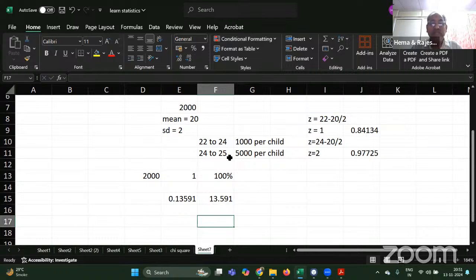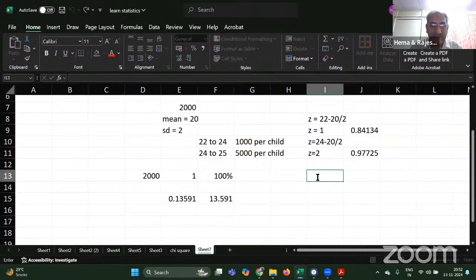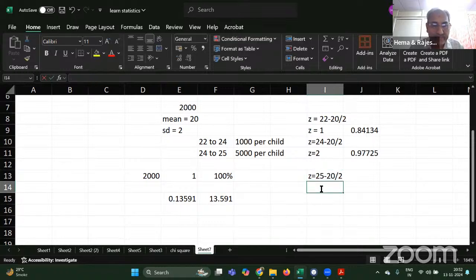Now, if you want to find out between 20 and 25, let's find Z, which is 25 minus 20 divided by 2. So Z is equal to 2.5. At that time, the area under the curve would be, this is Z2.